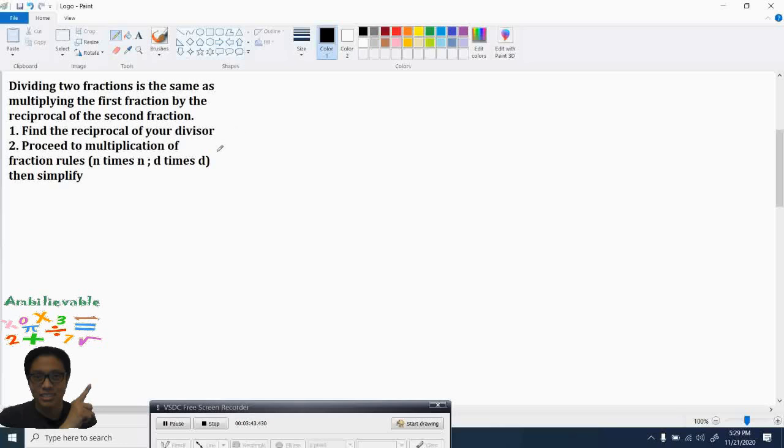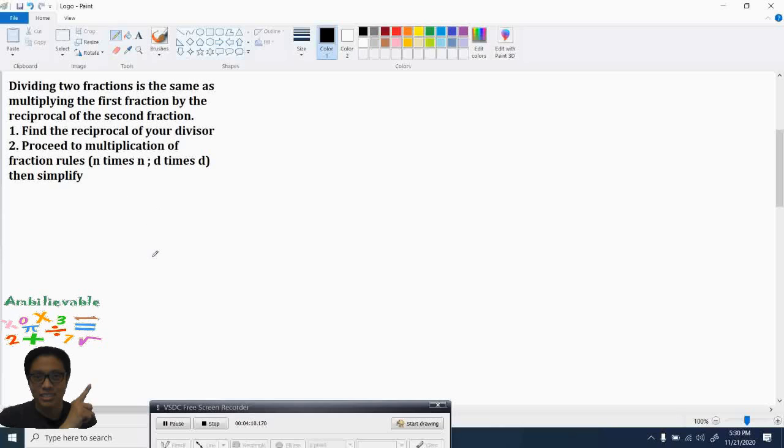Number 2, proceed to multiplication of fraction rules. Means that numerator multiply to your numerator, or numerator times numerator. Denominator multiply to your denominator, or denominator times denominator. After multiplication, then simplify your fraction.